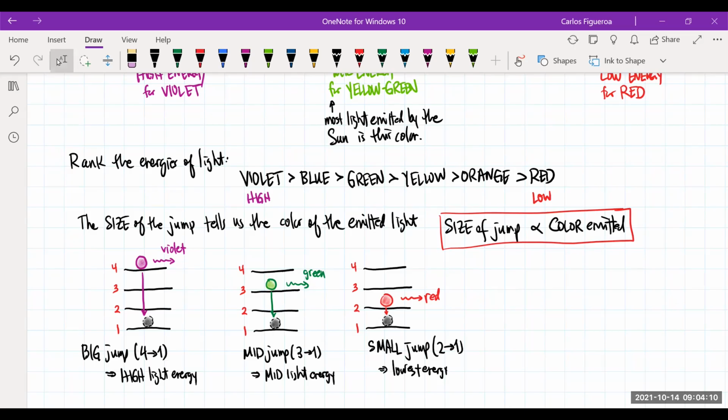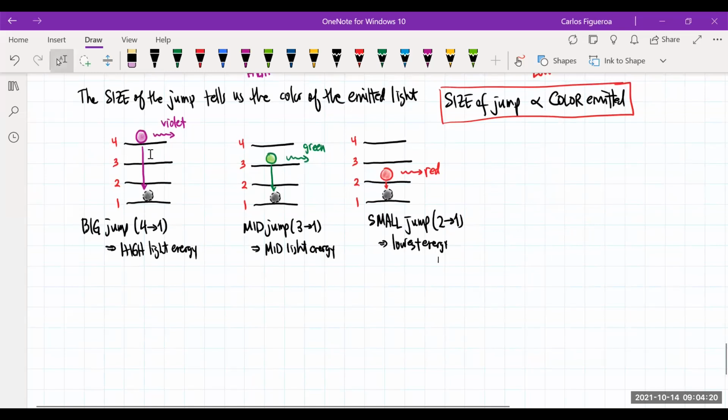And so here's the thing about this. So why is quantum mechanics so special? Because now when we have electrons and atoms and they're jumping, here's what happens.